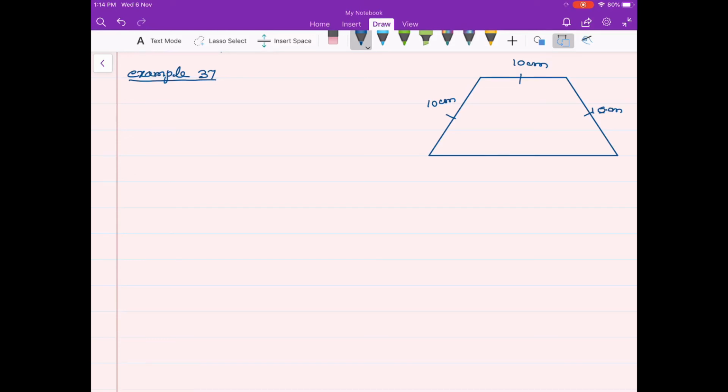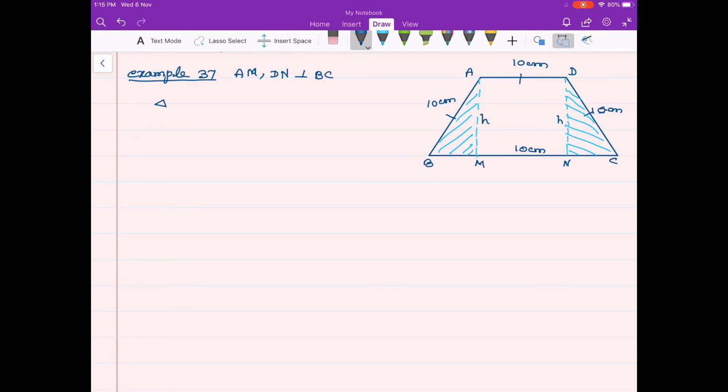Let us draw altitudes. These two triangles are congruent by RHS congruency. We will take this as H. This is a rectangle, so this length is 10 centimeters. We will name the figure A, B, C, D, M and N. AM and DN are drawn perpendicular to BC.